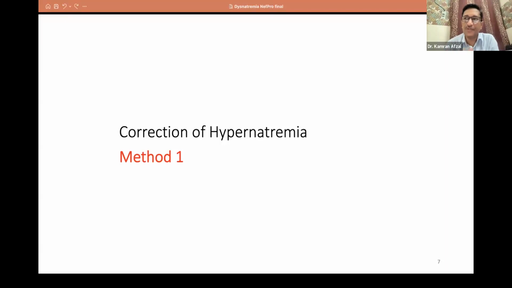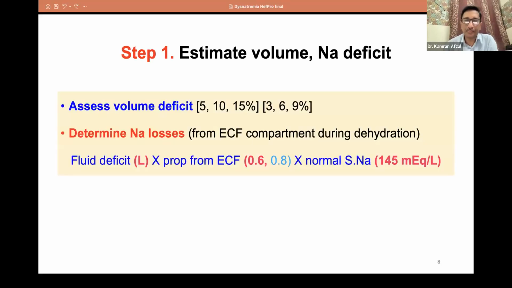Plus, we also have to give the solute water deficit. That means water that is lost because of dehydration along with solutes. And in addition, we need to give the free water deficit. That means the extra water that is lost without any loss of sodium, which has finally resulted in elevated levels of sodium or hypernatremia. So in all the methods, the basic principle is the same.